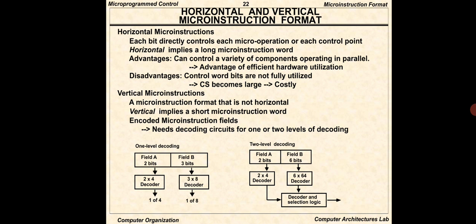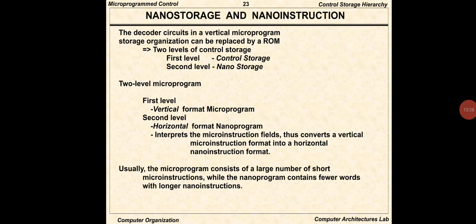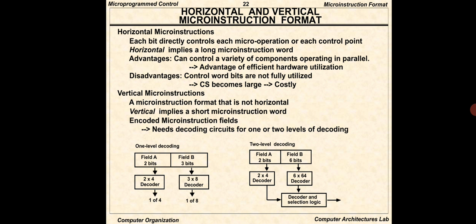Now when you go with a micro instruction format, you are going to have two types: one is your horizontal micro instruction format, and the second one is your vertical micro instruction format. In horizontal micro instruction format, each bit directly controls each micro operation or each control point.